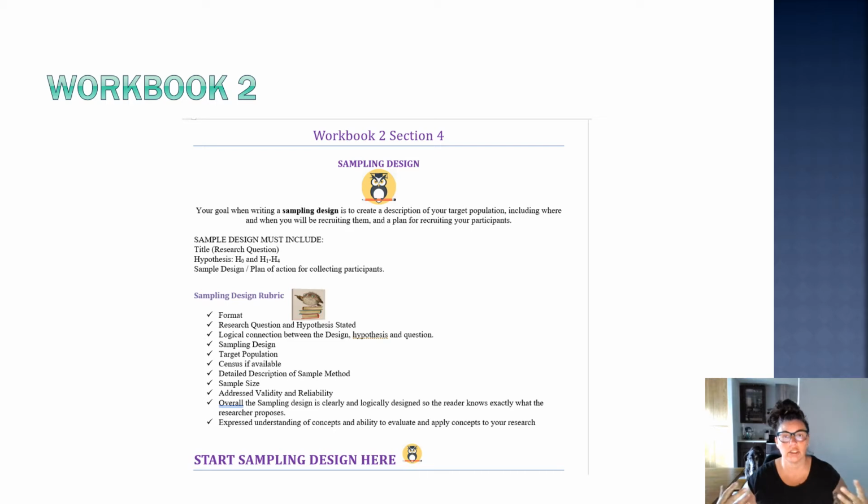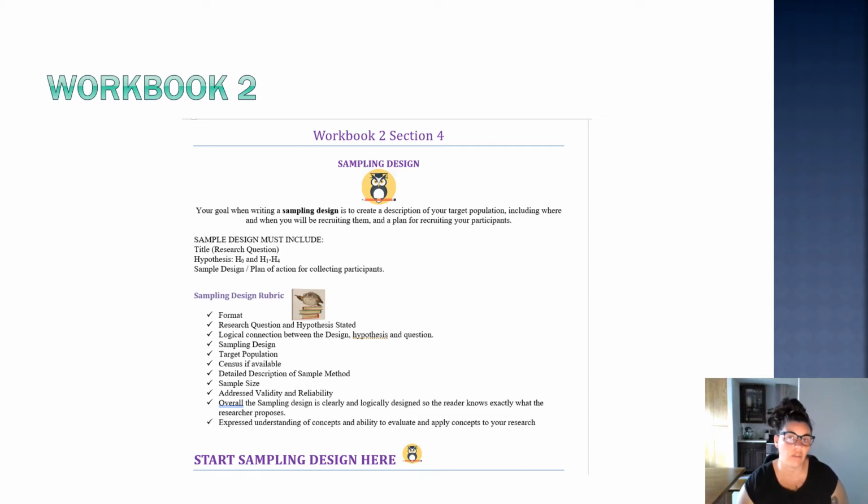You need to be telling me a plan of action, who your target population is, a census if that's available for your target population. If not, how you looked for it or why it's not available. A detailed description of your sample method, so how you're collecting those participants, the method you're using, what the size is of them, and you want to address any validity and reliability issues.